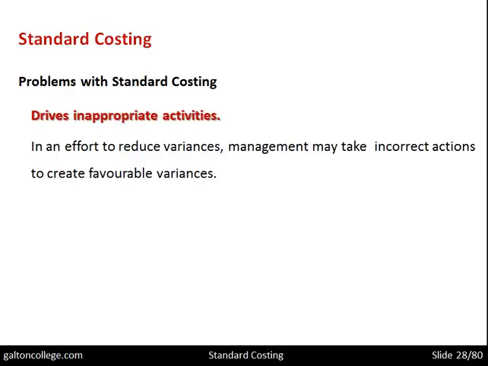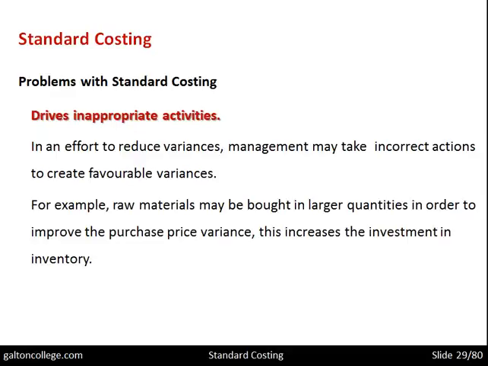So the management accountants may take decisions which will correct for the variances throughout the accounting period, and this will reduce the variances. For example, raw materials may be bought in larger quantities in order to improve the purchase price variance. However, this increases investment in inventory.